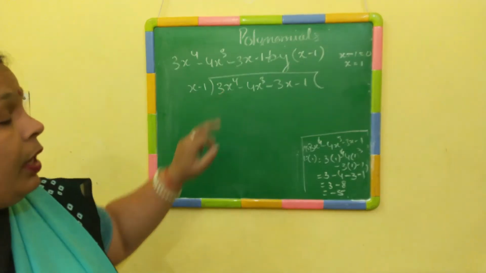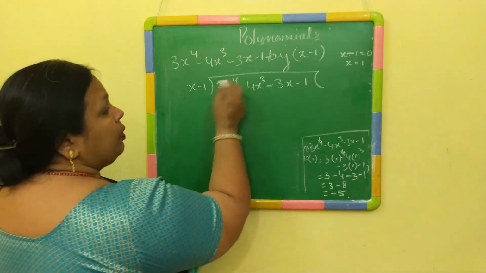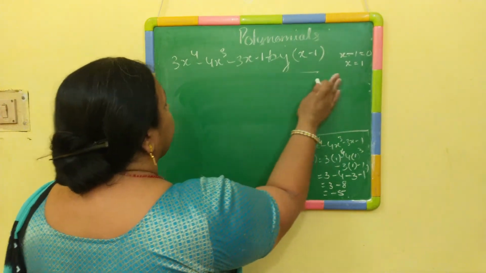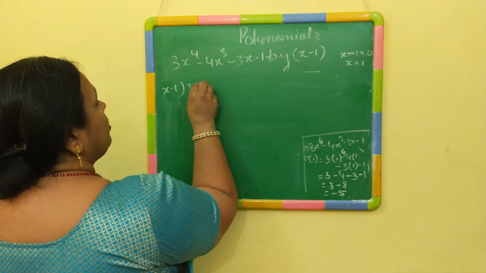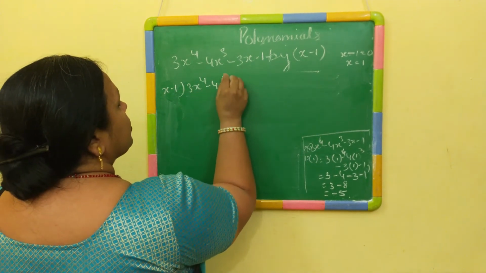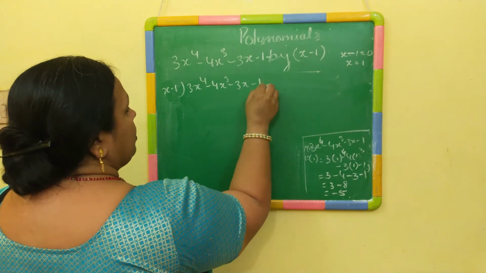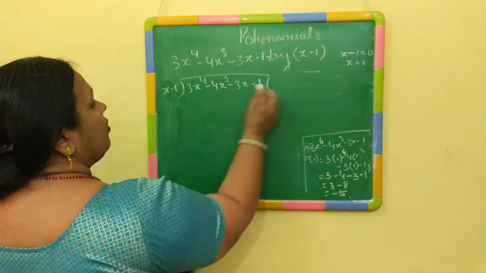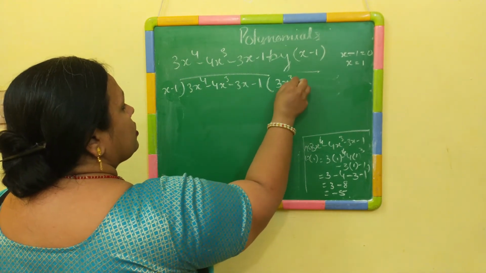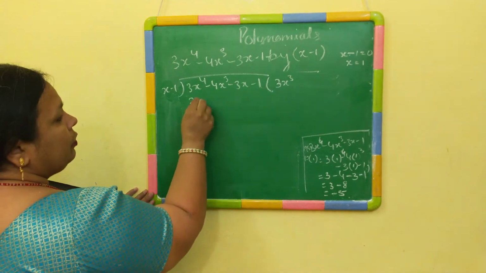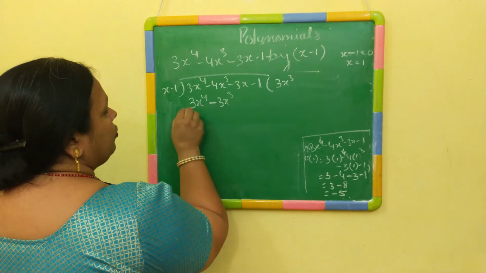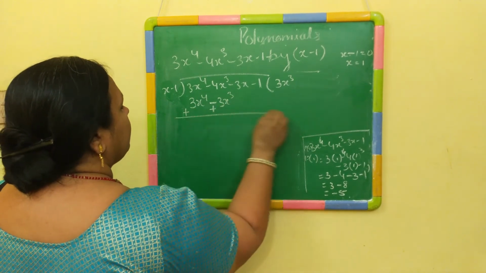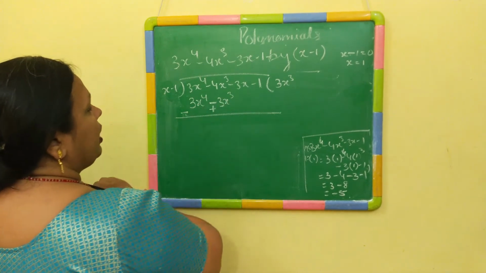So when we are dividing, we divide 3x power 4 minus 4x cube minus 3x minus 1 by x minus 1. Practically dividing, you will be taking it as 3x cube. This will become 3x power 4 minus 3x cube. Change the sign. This is plus, this will be changed as minus.